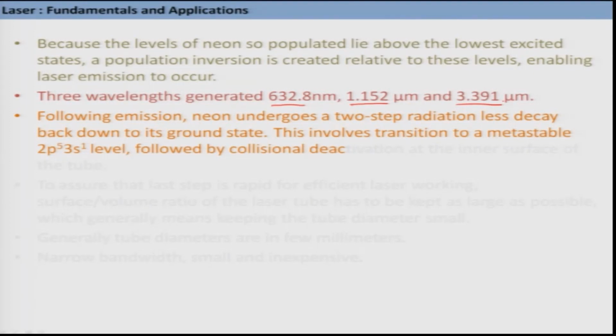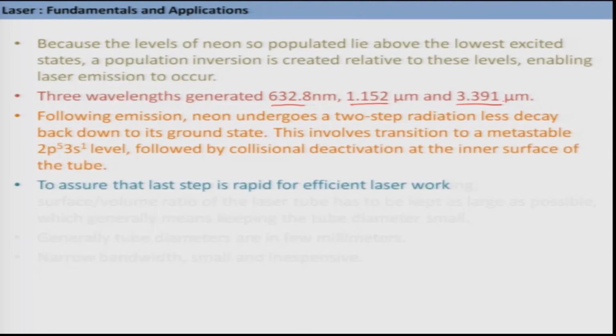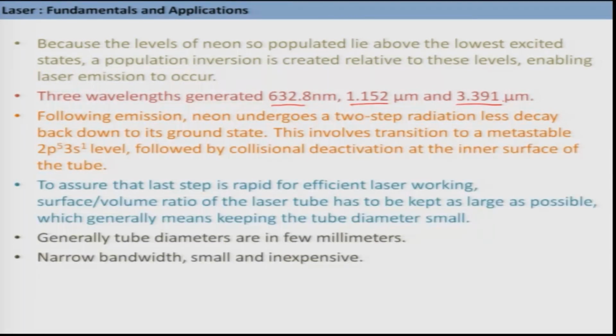A few more things I would like to talk about here is that following emission, neon undergoes a two-step radiationless decay back down to its ground state, and this involves a transition to a metastable 2p5-3s1 level, followed by a collisional deactivation at the inner surface of the tube which contains the gas, that is the helium neon mixture.